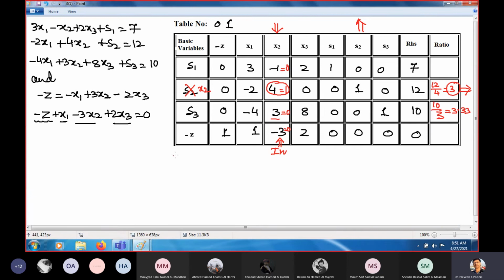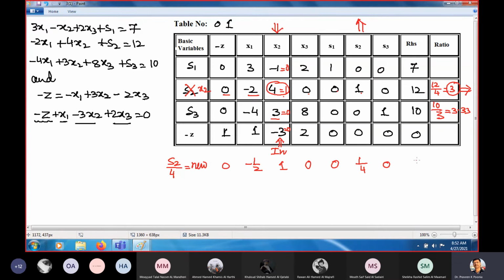Now first we'll change the pivot row. How can you change it? It is S2 divided by 4, and we denote it by new. 0 divide 4, 0. Minus 2 divide 4, it is minus 1 upon 2. 4 divide 4, it is 1. 0 divide 4, 0. 0 divide 4, 0. 1 divide 4, it is 1 by 4. 0 divide 4, it is 0.